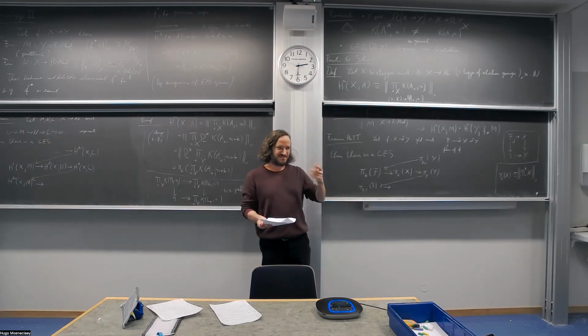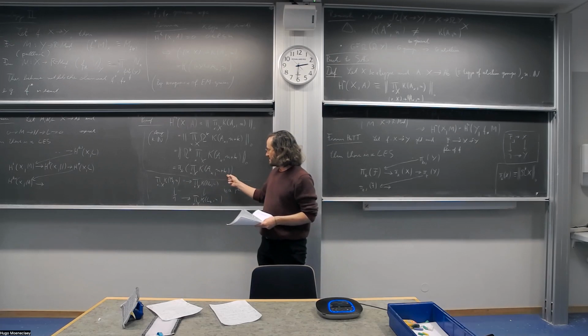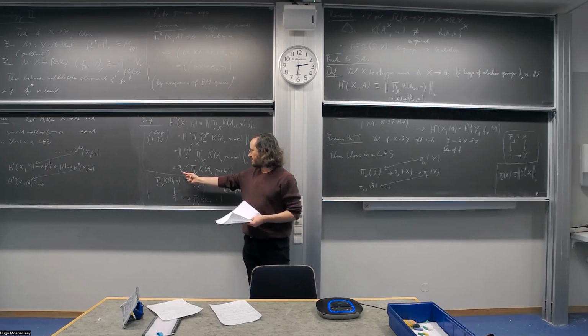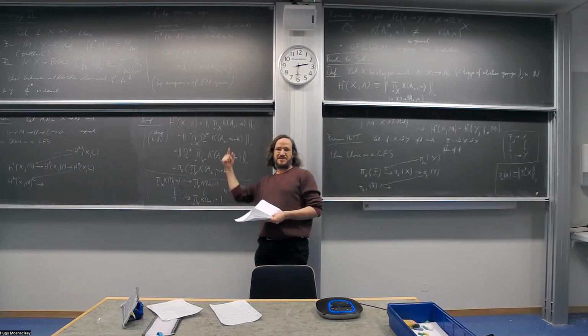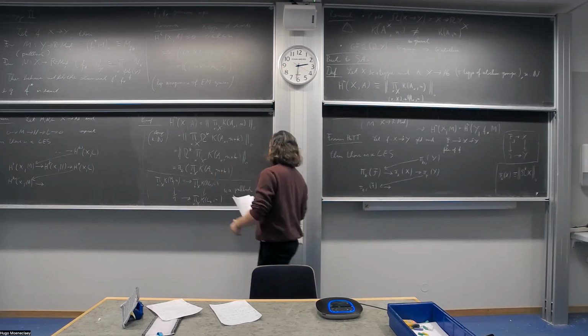And due to this, you can see that the indices are shifted around, because if you increase this one, you have to subtract one of this here to still get a cohomology group back. So that's why the order is switched around.